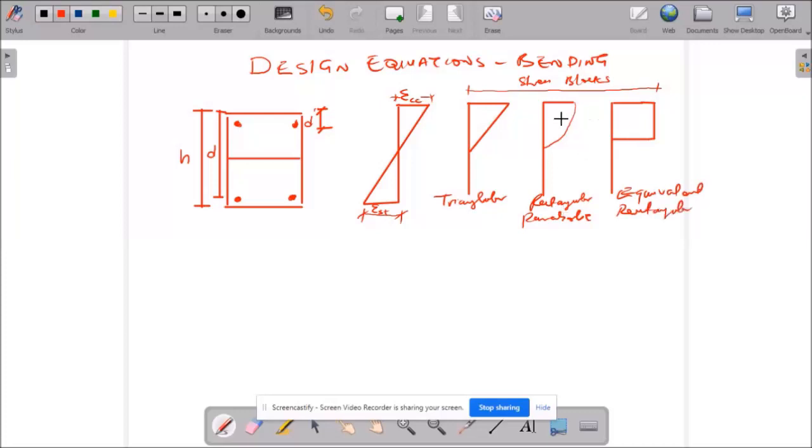So here we have this depth as 0.9x, from this depth to this depth.